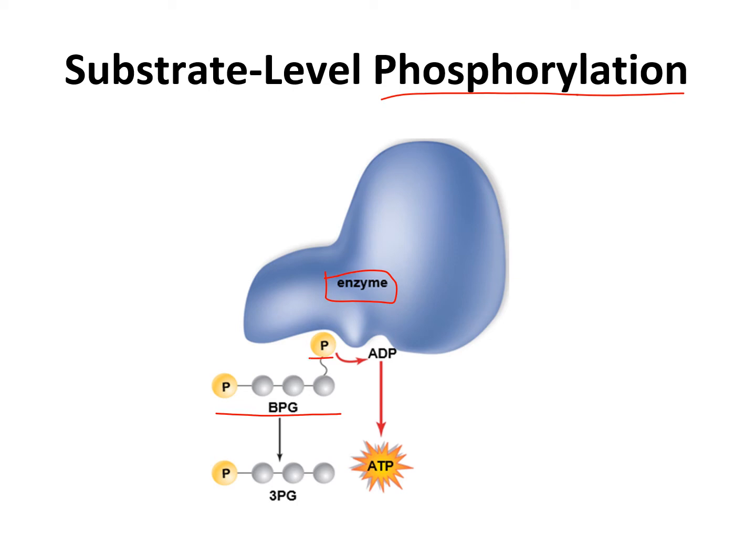It will transfer the phosphate group to the enzyme, and then the enzyme transfers that phosphate group to ADP, which will form the ATP. So during glycolysis, when ATP is formed, that involves an enzyme which is phosphorylating the ADP. Remember, phosphorylation means adding a phosphate.